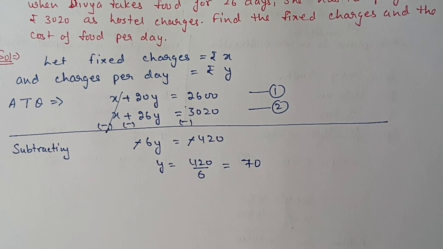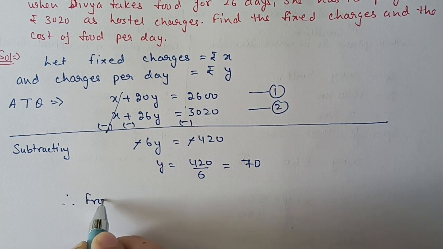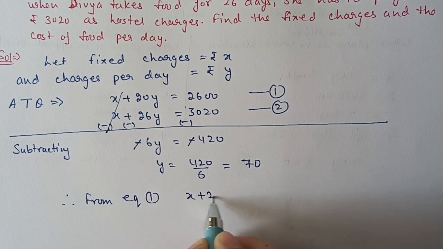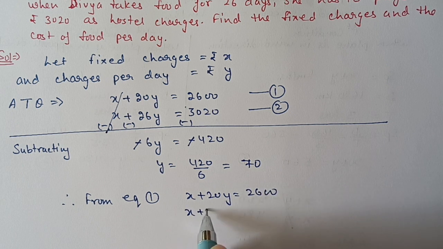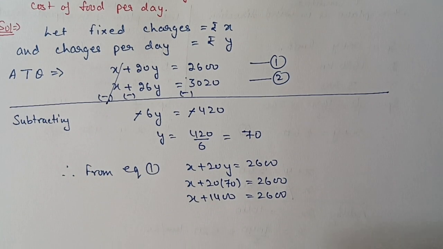Now this y value we can substitute in any one equation. Therefore from equation 1, x plus 20y is equal to 2600 rupees. x plus 20 into 70 is equal to 2600. x plus 1400 is equal to 2600. This you can shift to the other side and subtract.